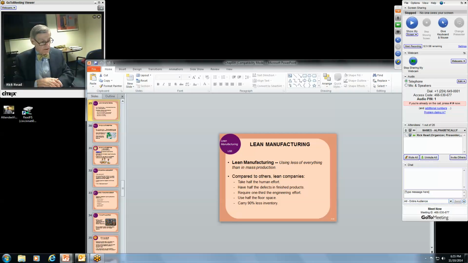The biggest thing here is that they want to do, and they're all important, but one of the biggest things they want to do is to reduce scrap, unused material, or material that's been used that doesn't meet specification. I mentioned this before, that's quality, when we talked about the fourth function of management, control. You want to be able to cut that down, so you're not having a lot of scrap. Scrap is waste.